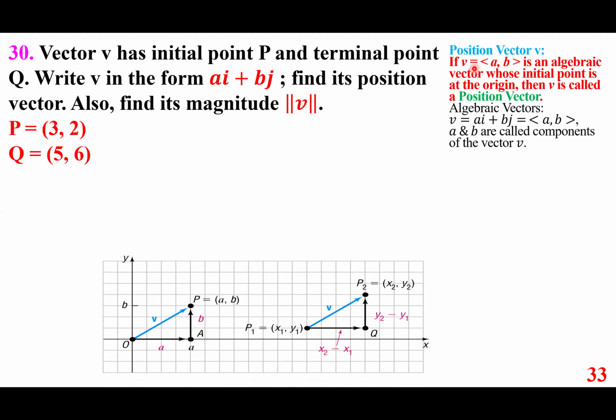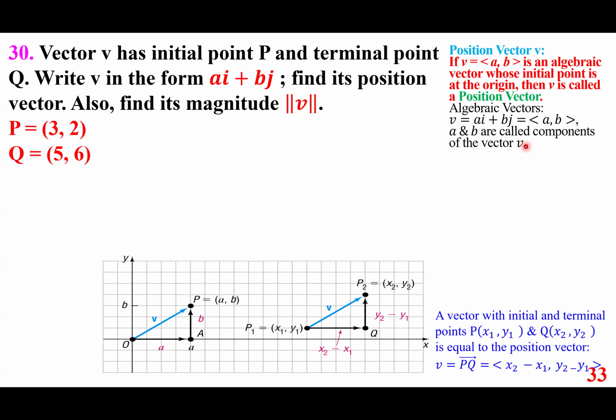If v with components a, b is an algebraic vector whose initial point is at the origin, then v is called a position vector. So what is a position vector? The initial point must be at the origin. For algebraic vectors, v is ai plus bj, or (a, b), and a and b are called components of vector v.